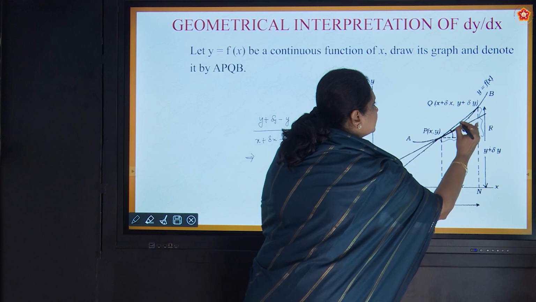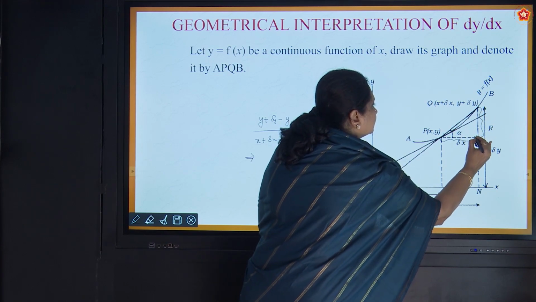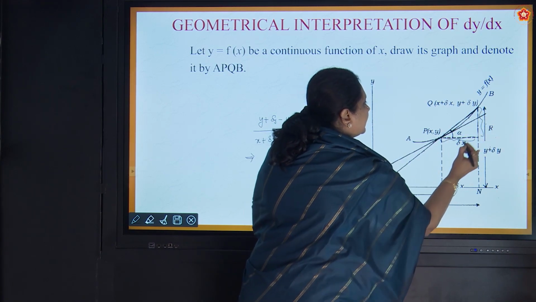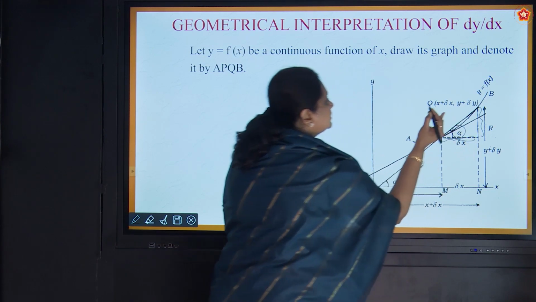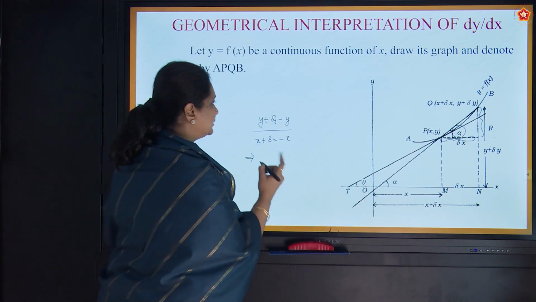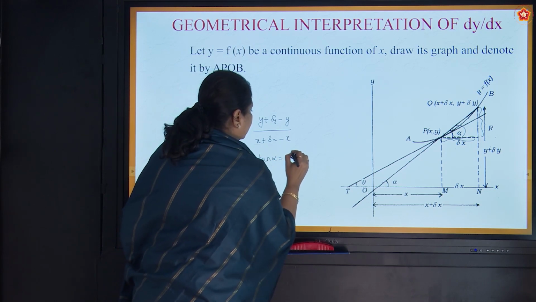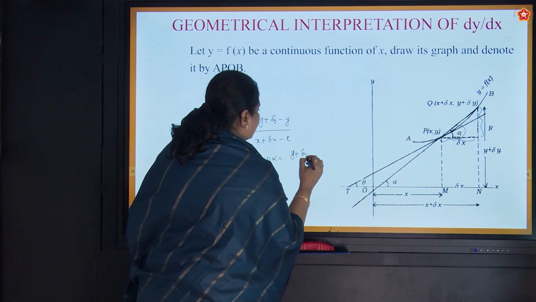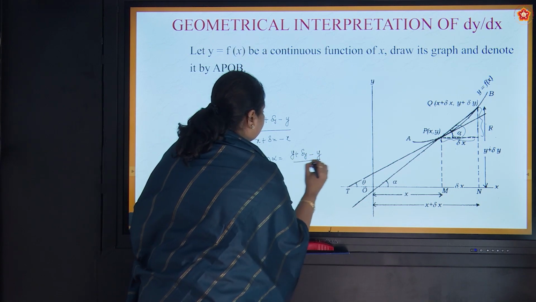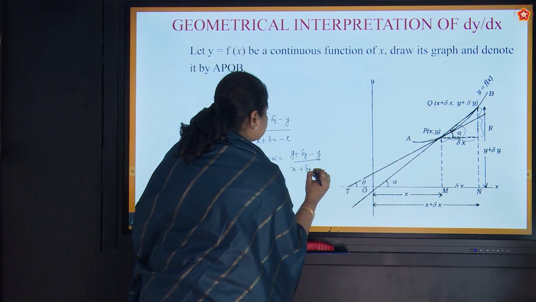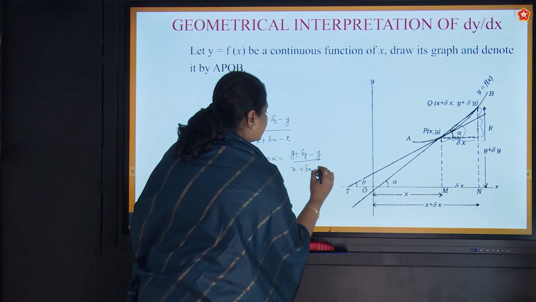When you consider this triangle, opposite by adjacent is the tangent of the angle. So tan alpha is equal to y plus delta y minus y by x plus delta x minus x.